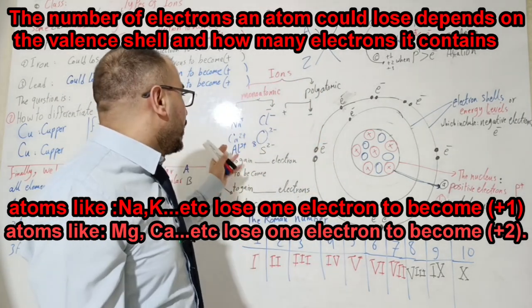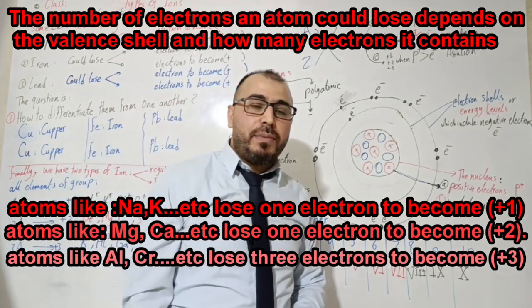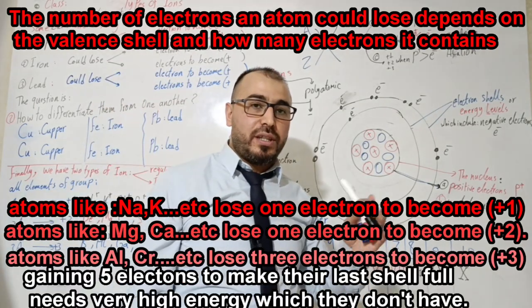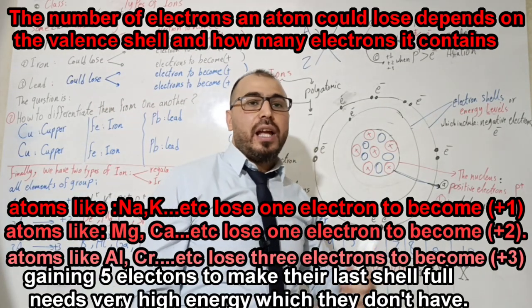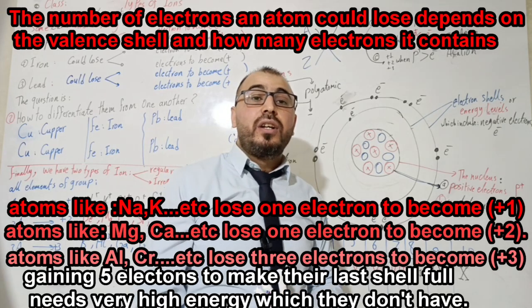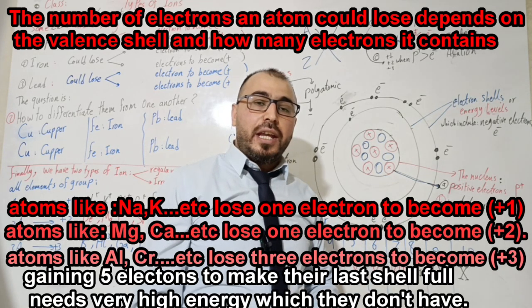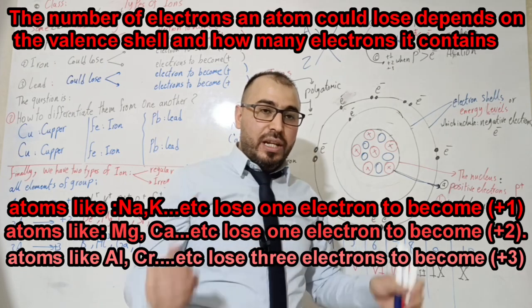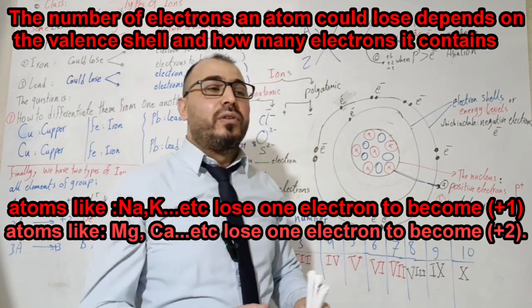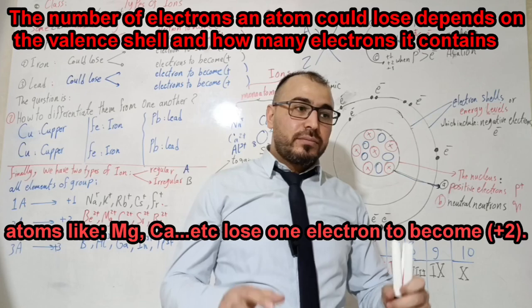Aluminum has 3 electrons in the last shell, or the valence shell, and again it prefers to lose these 3 electrons rather than gaining 5 electrons to make the last shell full with 8 electrons.